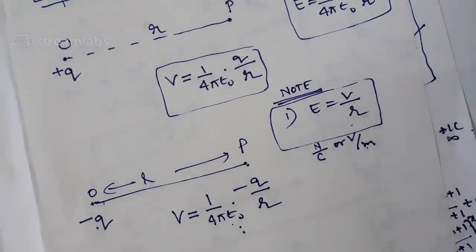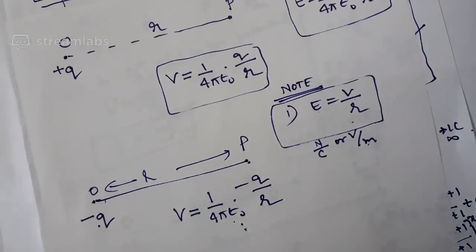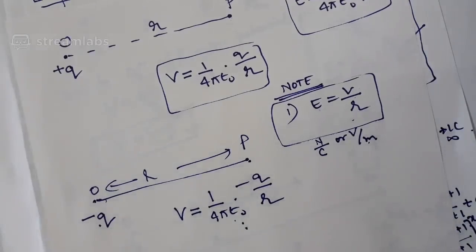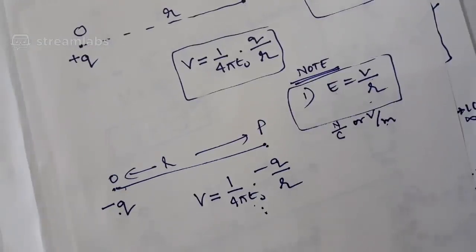Don't you think one thing is clear from the discussion? Potential due to a positive charge is positive. Potential due to a negative charge is negative. You might remember that in the chapter on electric charge and field, I told you to remember this statement: positive charge always contributes some positive potential. Negative charge always contributes some negative potential.